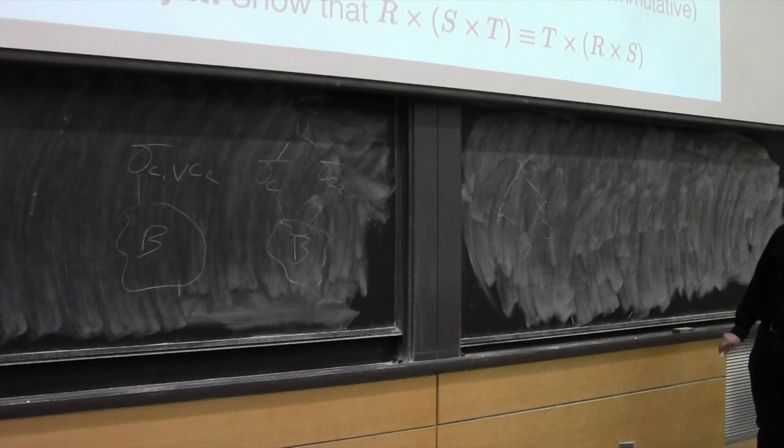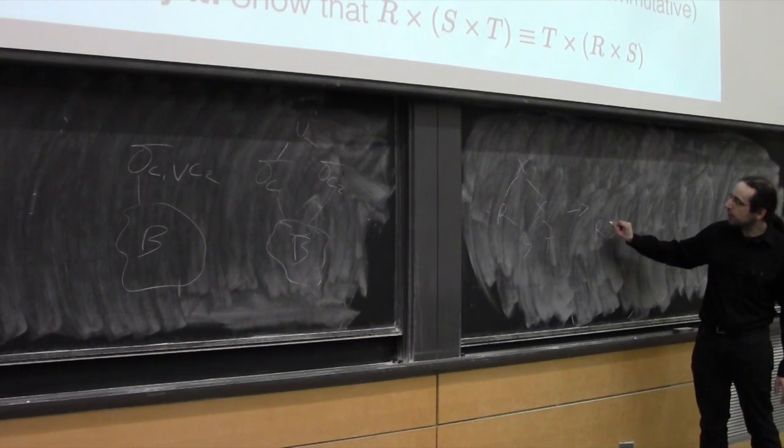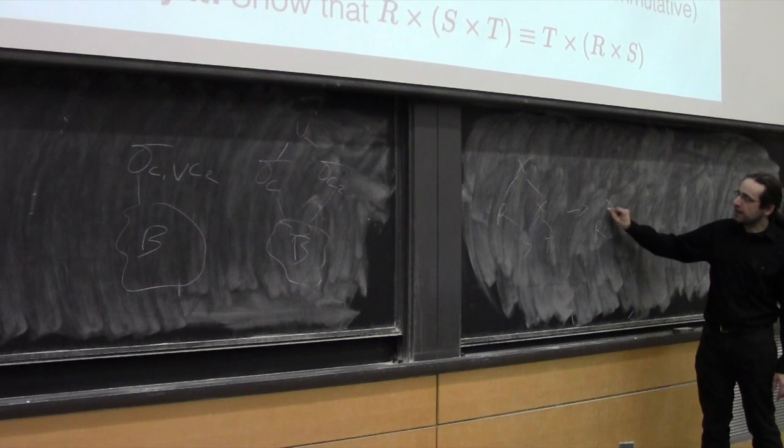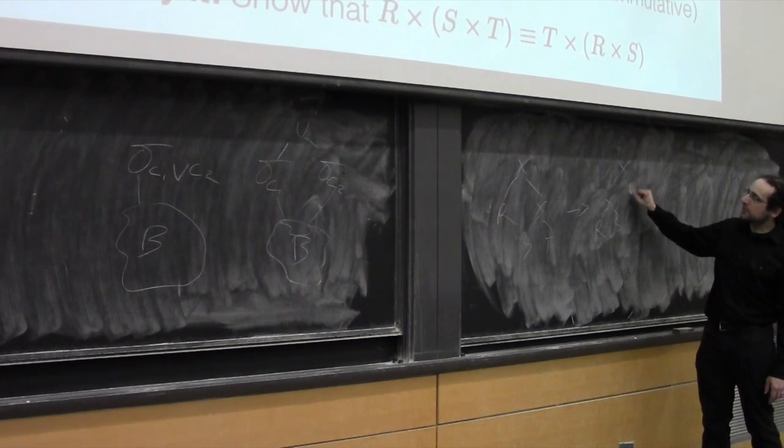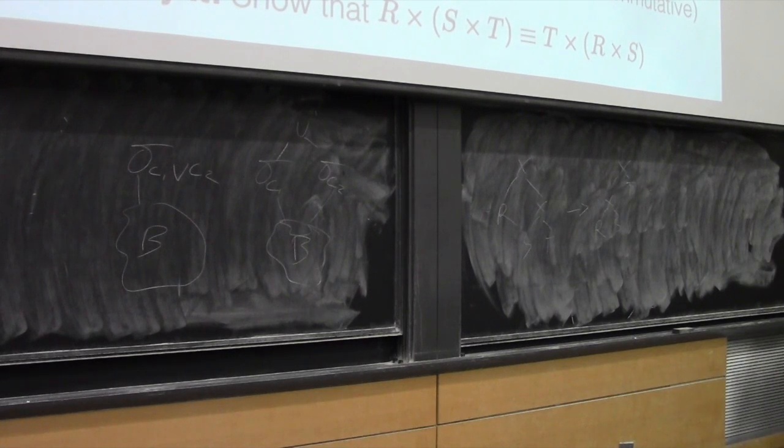Okay, so I can change the parenthesization of R, S, and T. So I can turn this into R cross S cross T. All right, cool. And that's it. We're one step away.